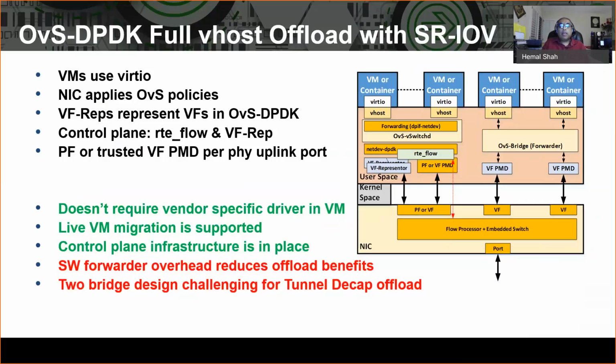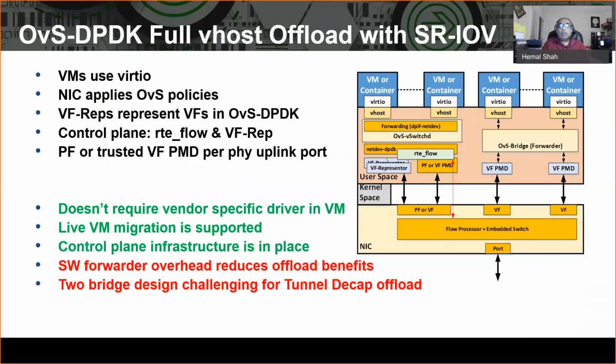And then the control plane infrastructure, which is already there, is being leveraged. The challenge here is the tunnel decap offload challenge still remains for this model. Also, in order to preserve the Virtio model in the VM, you added this software forwarding layer, which reduces some of the offload benefits.